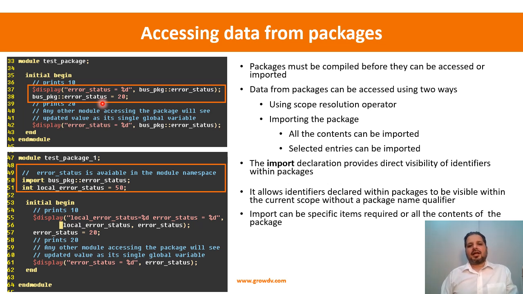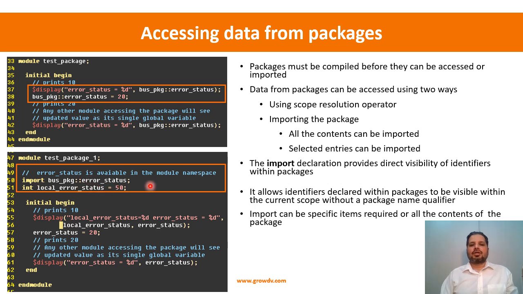Sometimes every time you don't want to use the scope resolution operator, because it becomes long and inconvenient. If I directly want to access the error status wherever I want from the package, what you can do is use this import statement. Let's look at the second example, where I have module test package_1. I'm saying import bus package scope resolution operator error status. So I'm importing this variable.